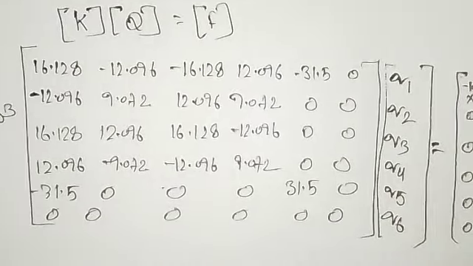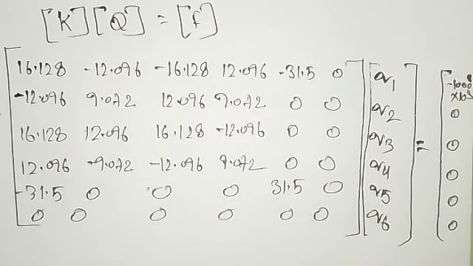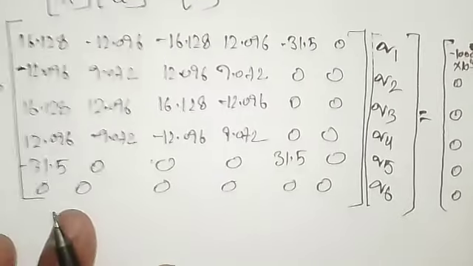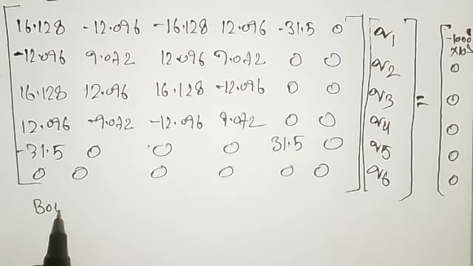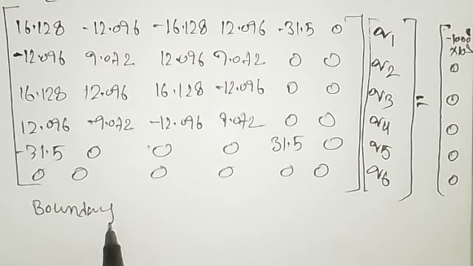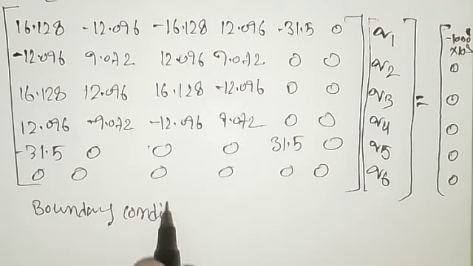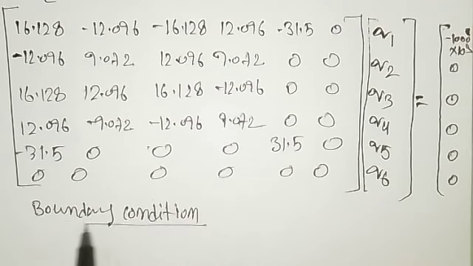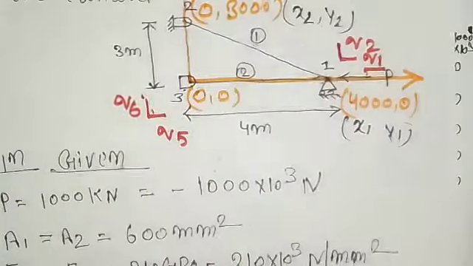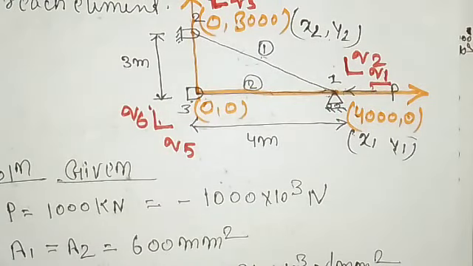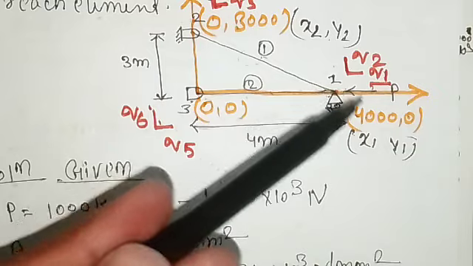Now we can solve this problem by using the elimination approach. So what is the elimination approach? First of all, we have to impose the boundary condition. So what is the boundary condition? Let's see that again. This is the problem, right? If you look at node 1, the roller support is given.